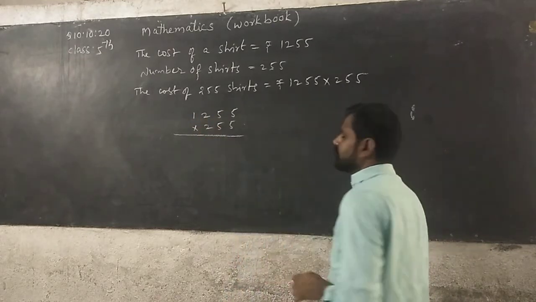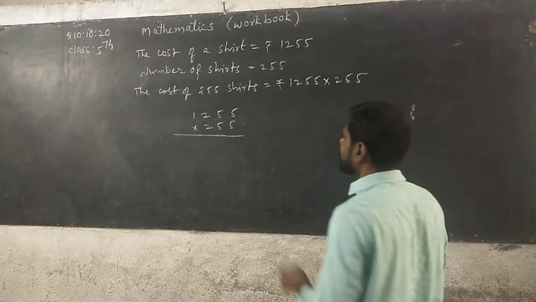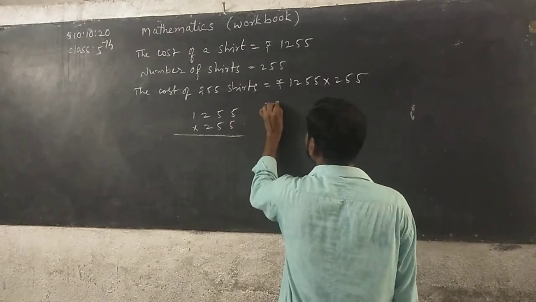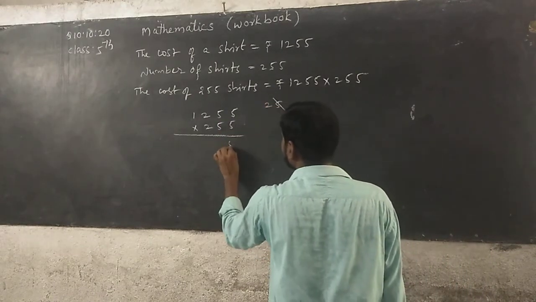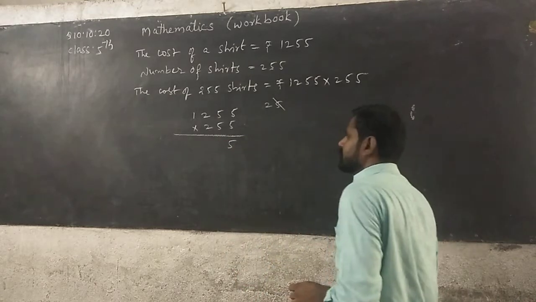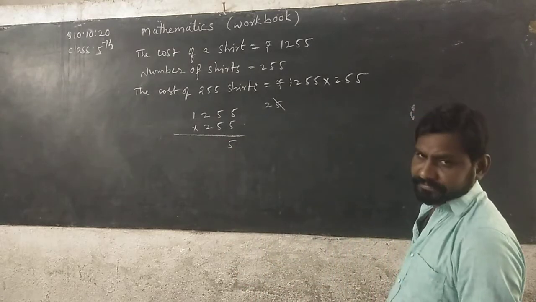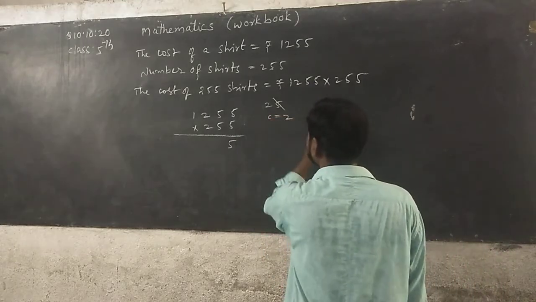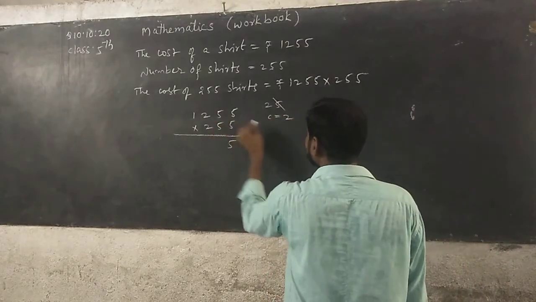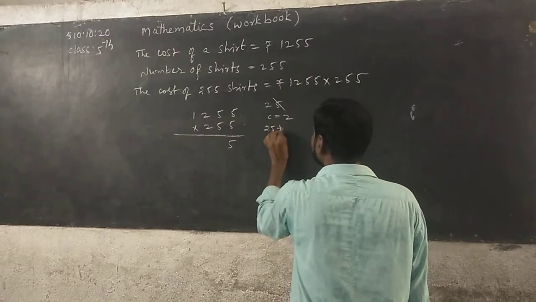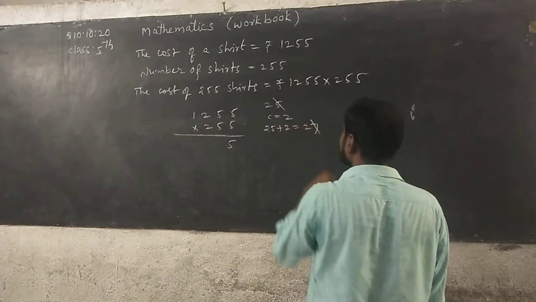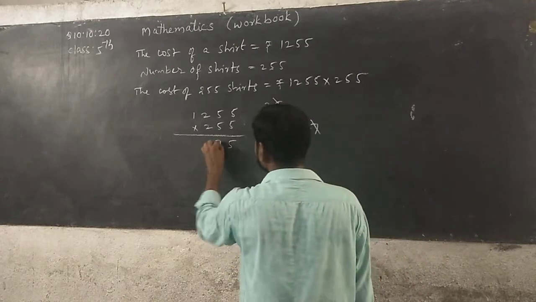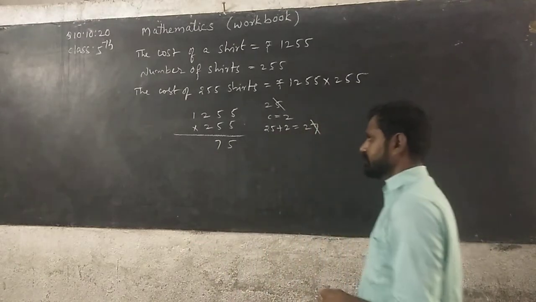1255 multiply with 5. So here 5 fives are 25. 5 taking, write down under the ones column of the product. Next carrying 2. Again 5 fives are 25. 25 plus 2, 27. In it 7 is taken, write down under the tens place of the product.